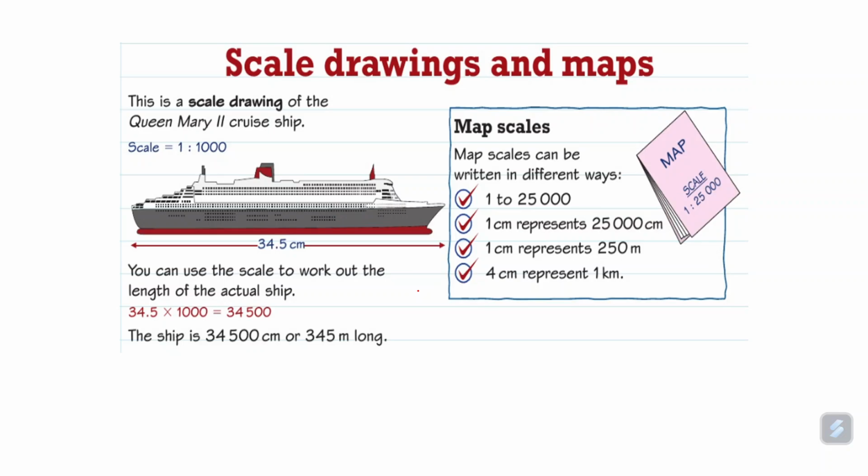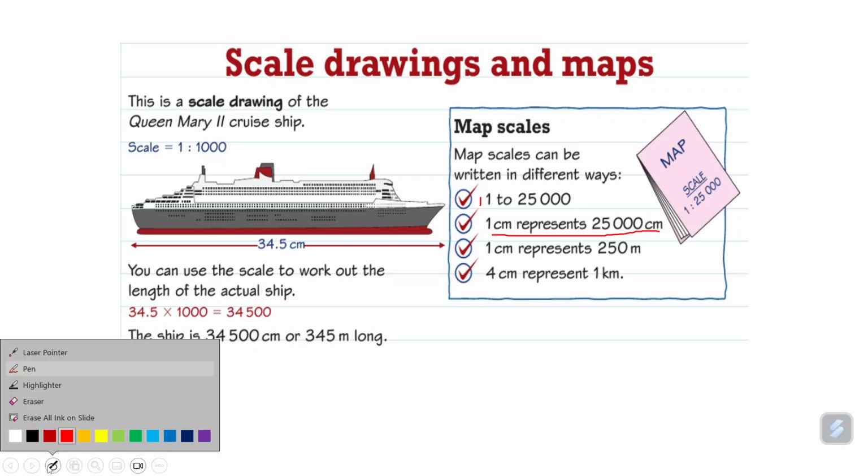So what the designers do is they'll give you a scale. They'll tell you, take for instance, 1 centimeter represents 25,000 centimeters. Or better still, they may just decide not to write this, just to confuse learners. So you need to pay attention to details.